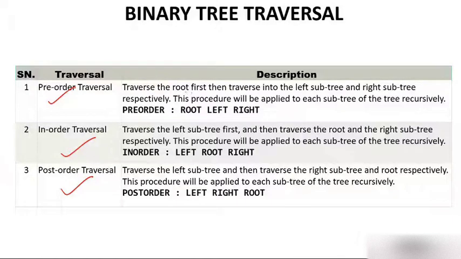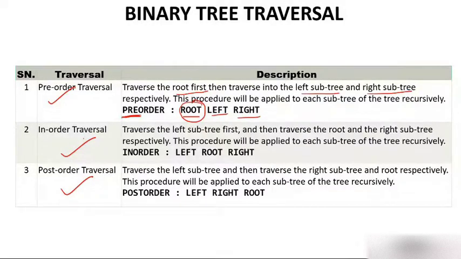Traverse the root first, then traverse the left subtree, and then the right subtree, respectively. This procedure will be applied to each subtree of the tree recursively, and this is a recursive process. So what is the formula? Root, left, and right. Because pre means prior, root will come first and then left and right.